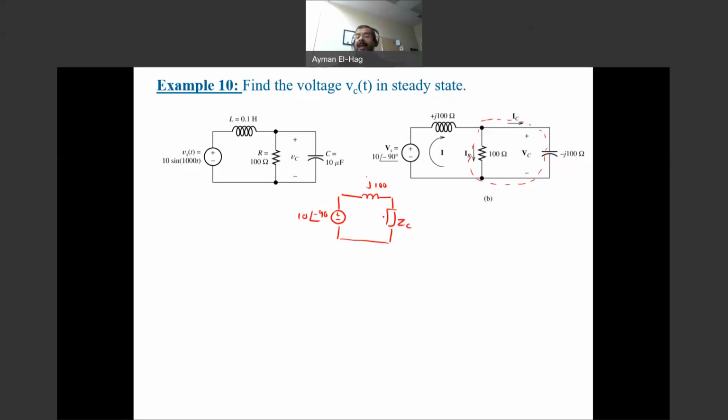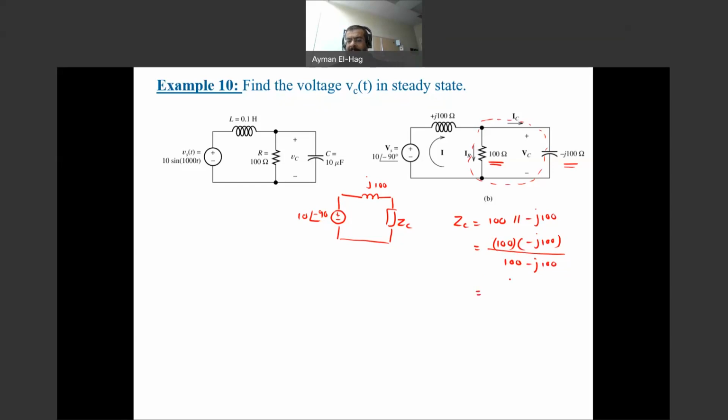ZC is nothing but the 100 ohm and the minus j100 ohm in parallel. So ZC equals 100 in parallel with minus j100, which is equal to 100 times minus j100 divided by their summation, which is 100 minus j100.